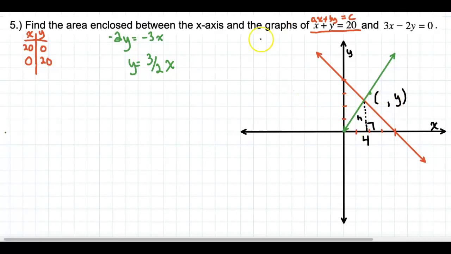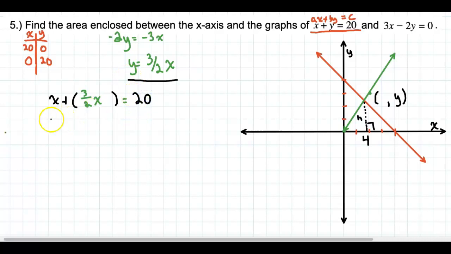Okay, so we have isolated y here, so I could substitute that into the other equation. Let's go ahead and do that. So we have x plus y, and in place of y, I'm going to put 3 over 2 x, is equal to 20.